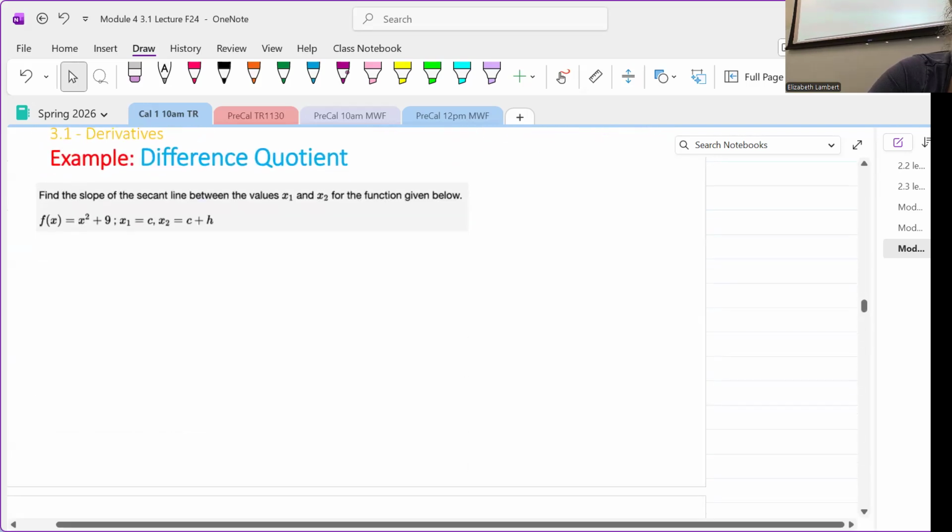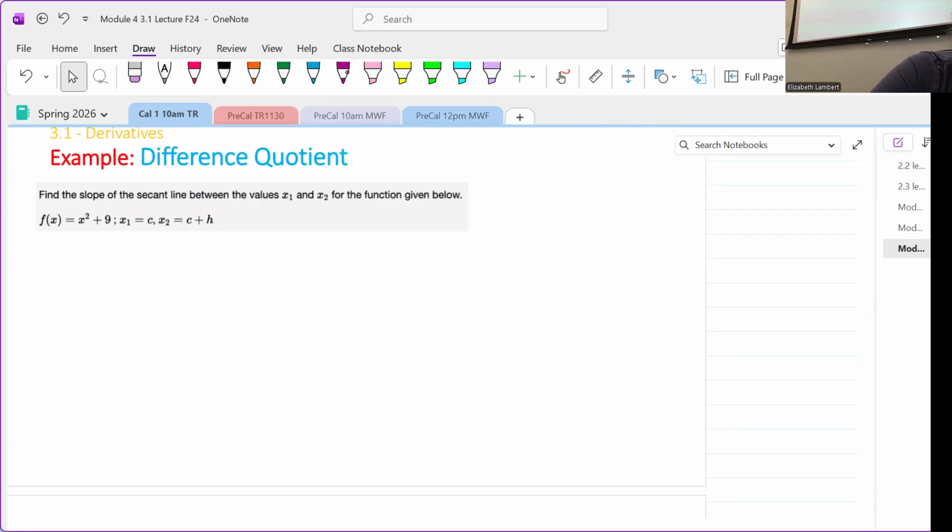So now, same kind of idea, except our function's a little uglier, and the things we're shoving in there are not numbers. Now they are variable expressions. So now we've got more algebra work.